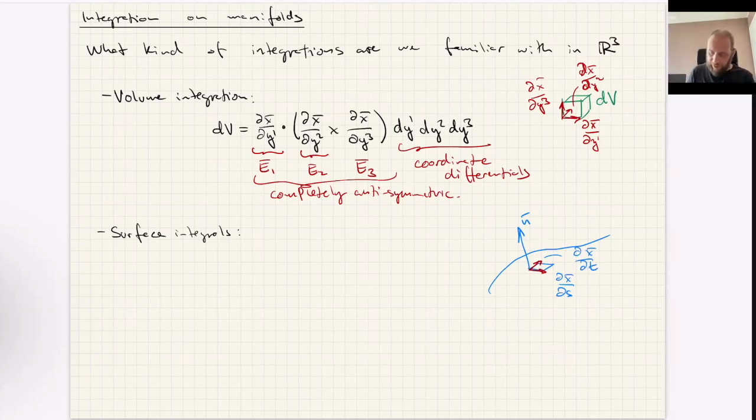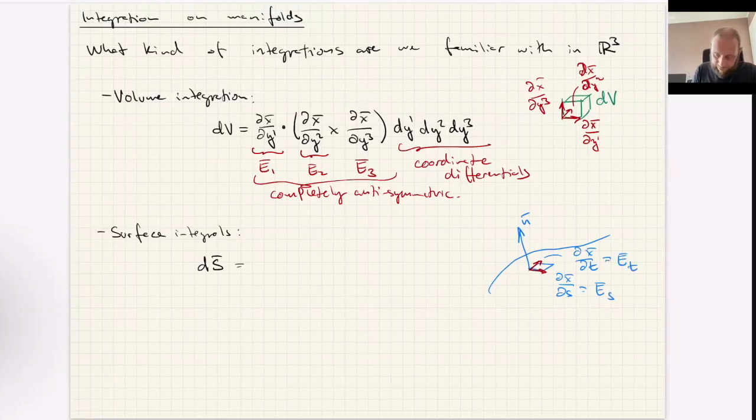Then the directed surface element is the area of this small parallelogram in the direction of the surface normal. So we write the surface element as dS, and I'm going to call these vectors e_s and e_t respectively.